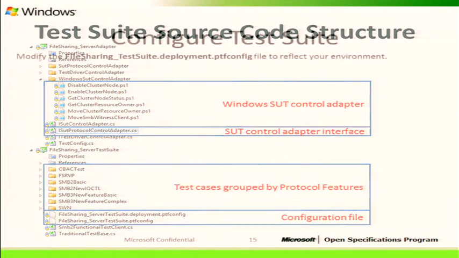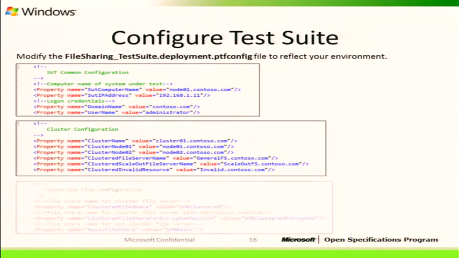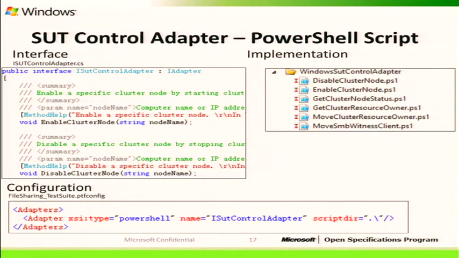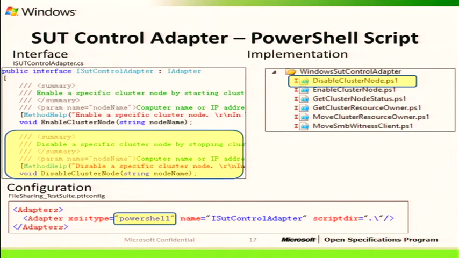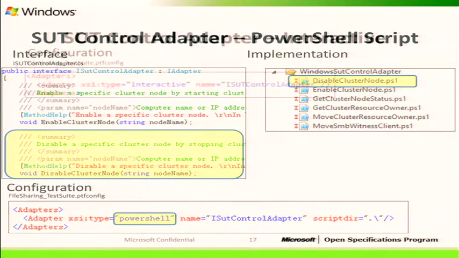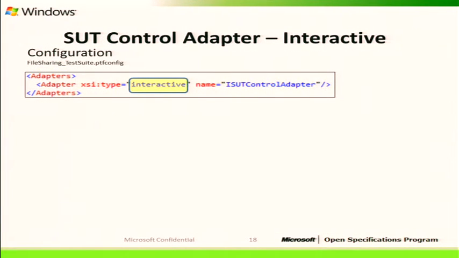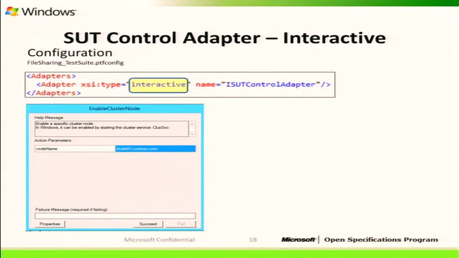If the implementation does not support PowerShell, we can switch to the interactive adapter. That means we can do some manual work to communicate with the SUT system and then come back to tell the test suite what happened, and then continue the test suite running.